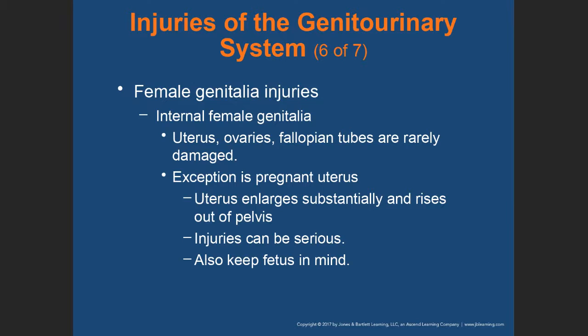These injuries to a pregnant uterus can be severe, and keep in mind that it's carrying a fetus. If a pregnant woman's body starts to go into shock, her body will not try to protect the fetus. It's going to try to protect her. So if you can provide good management to the mother, you'll preserve the fetus.